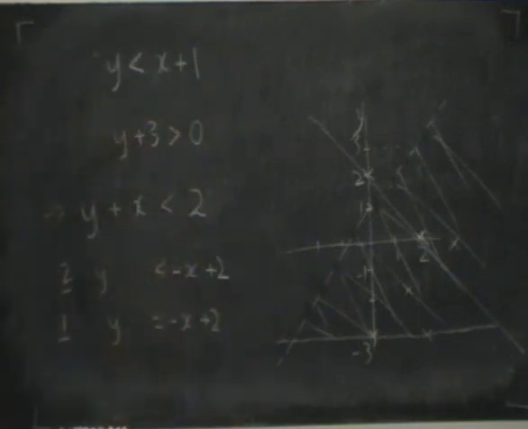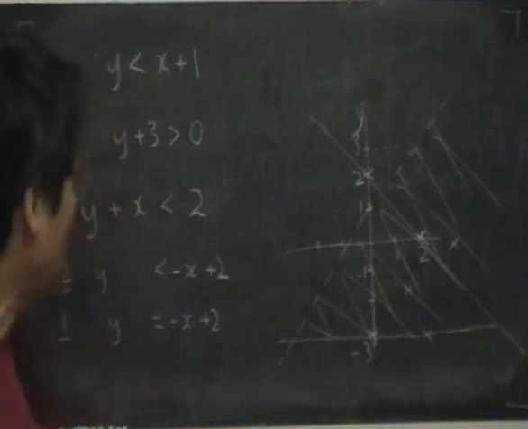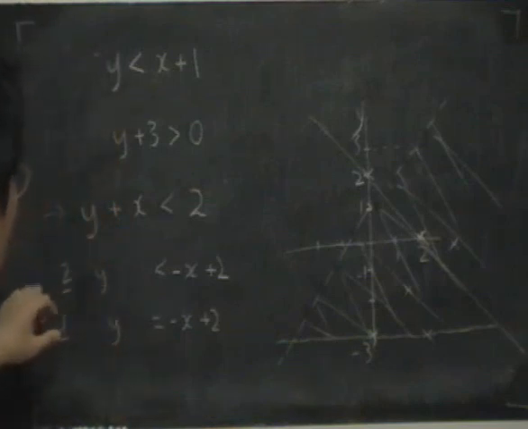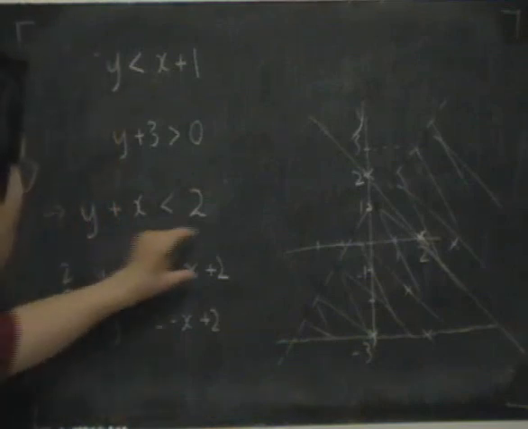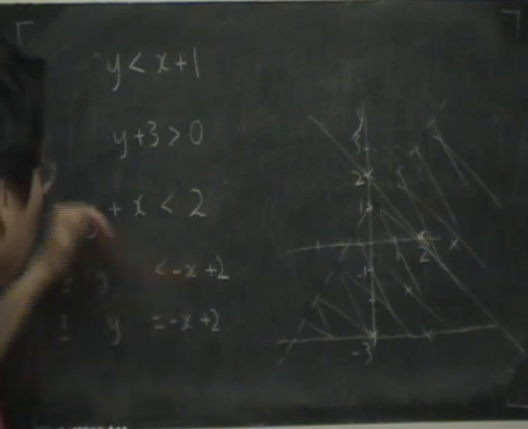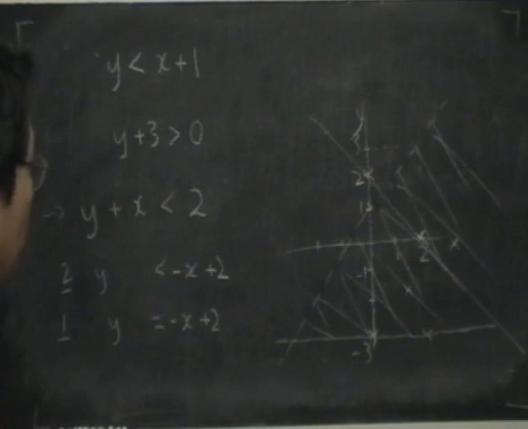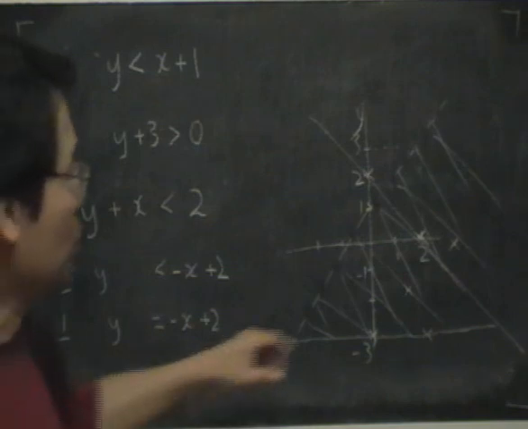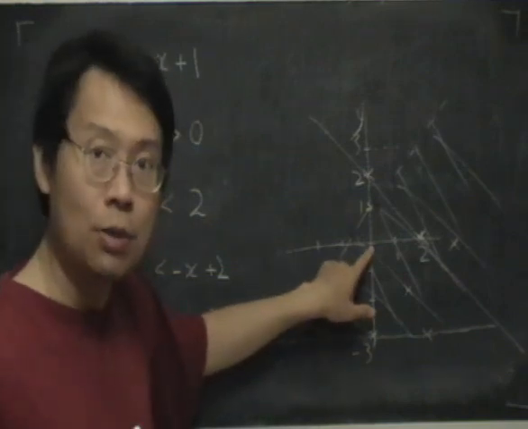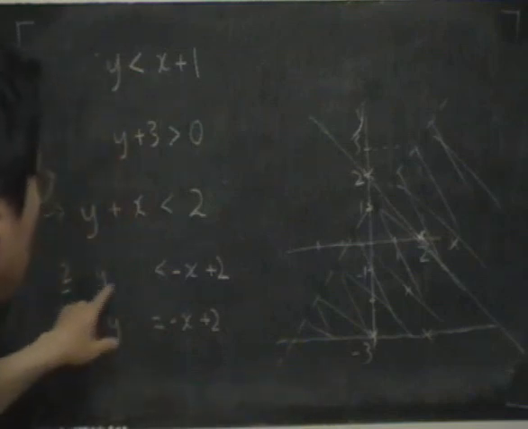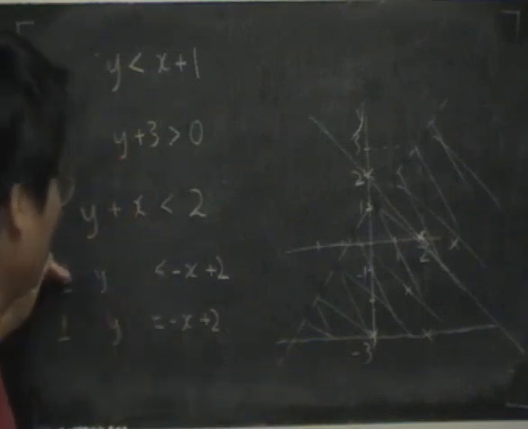Now you could either do it this way or do it by rearranging the original inequality into this form. Okay, because if you use this second method of picking a point and substituting, you don't actually have to rearrange the original inequality.